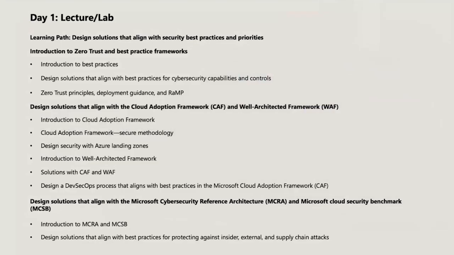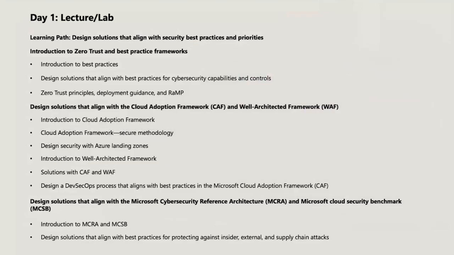In WAF, the Well-Architected Framework, we have a framework where we can assess the current environment from a design and implementation perspective. So what kind of design do we have right now? Basically, this framework will help you assess the current environment.